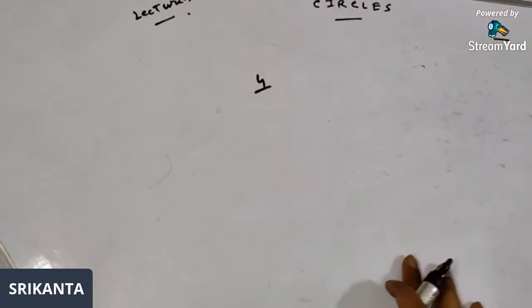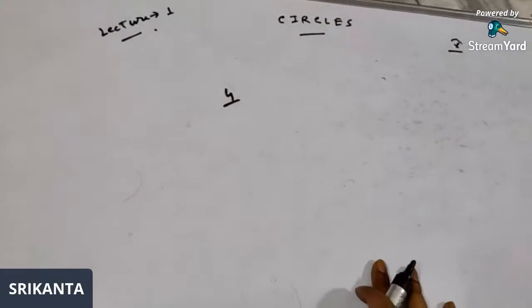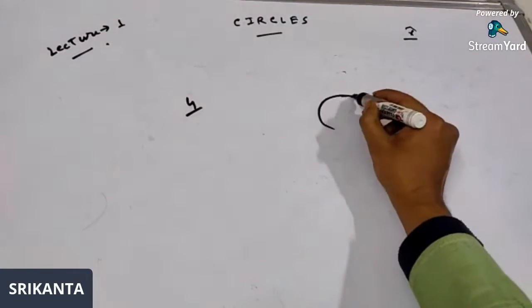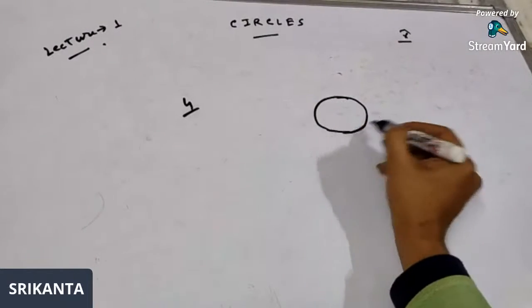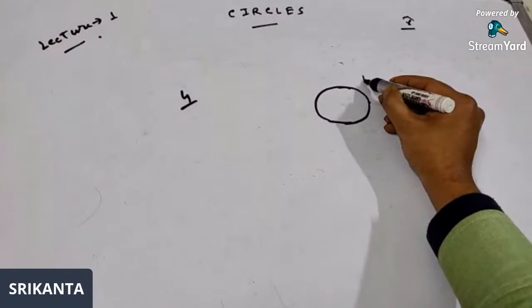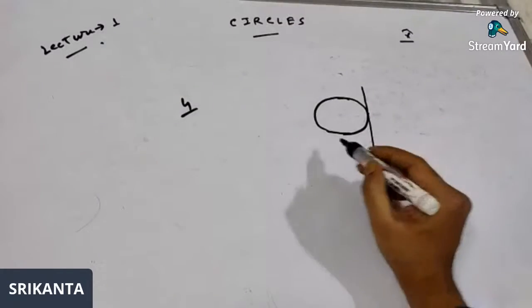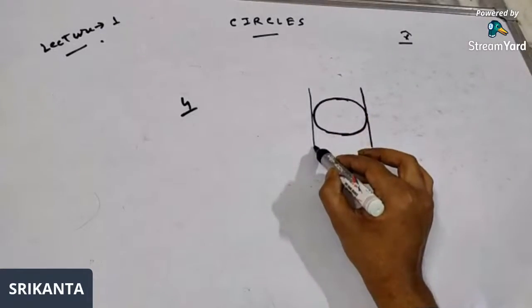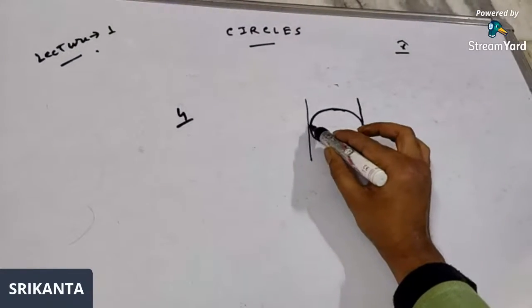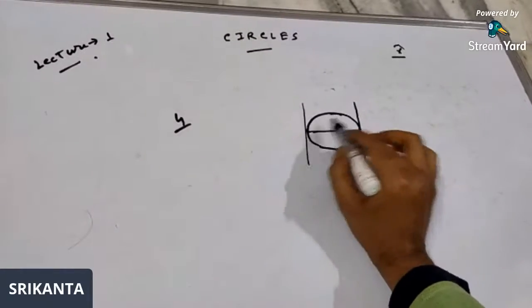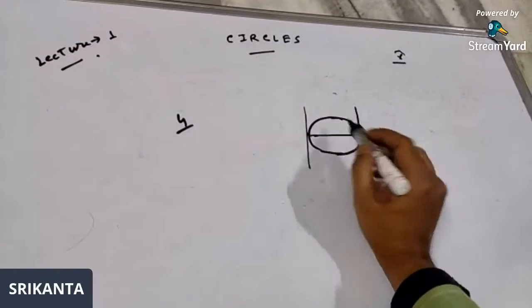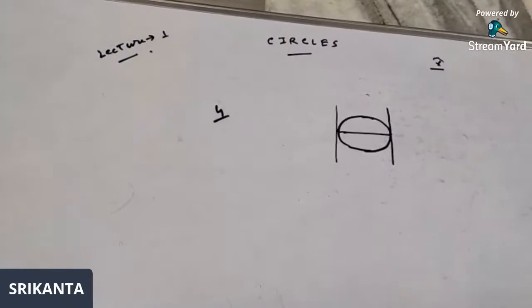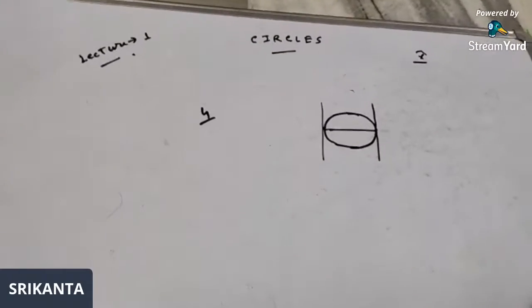It says prove that the tangents drawn at the ends of a diameter of a circle are parallel. Ends of a diameter. So suppose this is the diameter. These are the ends of a diameter. We have to prove that these are parallel. The proof is quite easy.